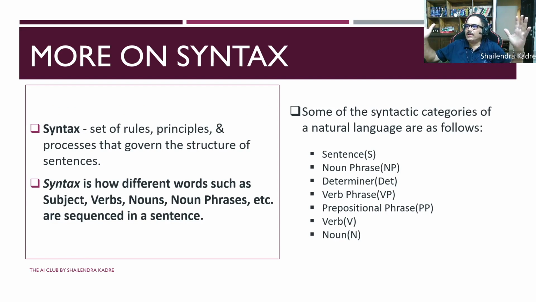We know that every sentence has a subject and a predicate, or many more parts, which we saw in high school. The sentence can be divided into many parts, and the governing rules of a sentence are called syntax.